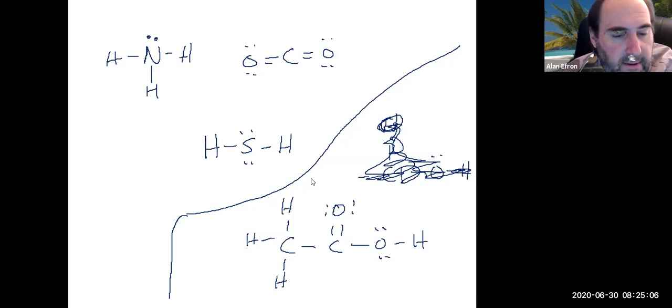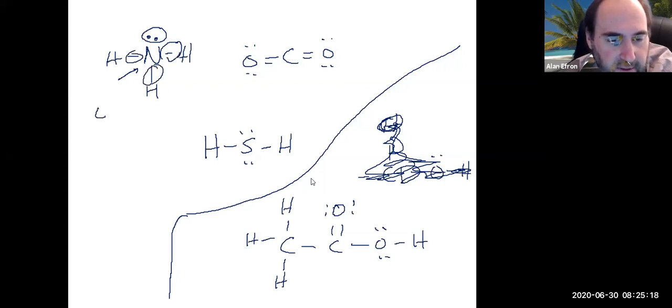All right, so if we look at this guy here, we want to look at the central atom. This guy has 1, 2, 3, 4 electron pairs. It also has 3 bonds.